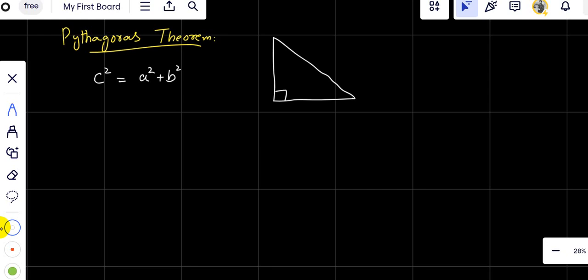A triangle is a shape having 3 angles. So I can name the points A, B, and C here. Now, can you please tell me which side is the hypotenuse in this triangle?